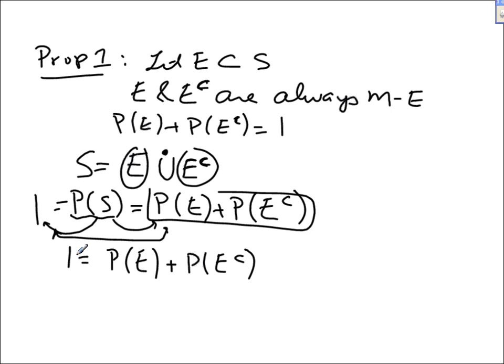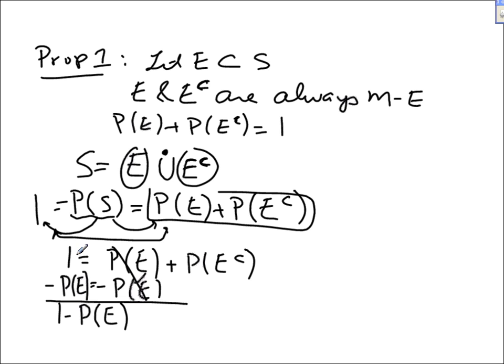The important thing here is if you take away the probability of E from both sides, on the left side you get 1 minus the probability of E, and on the right side you just get the probability of E complement. That's a new way of calculating the probability of the complement.